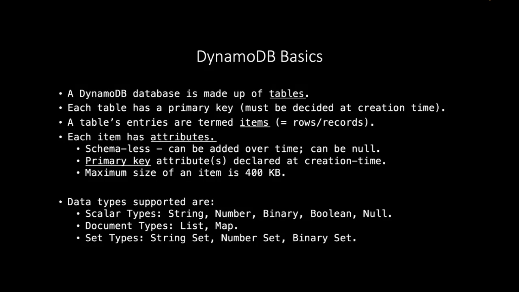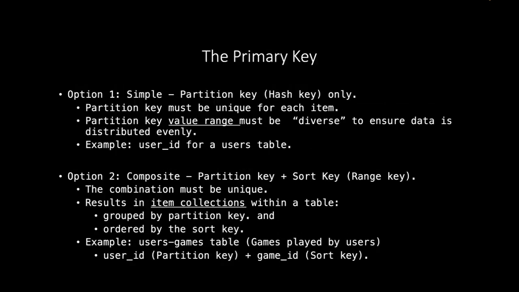In both cases, the primary key includes what's called a partition key. Partition key is really important because, as I said the last day, that determines which partition your item is stored in, effectively where in the database your item is stored.